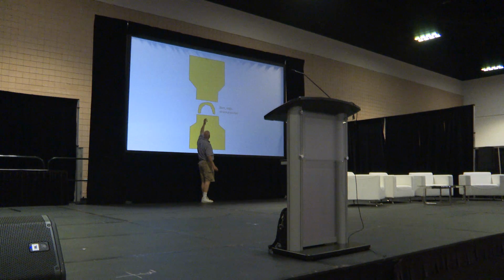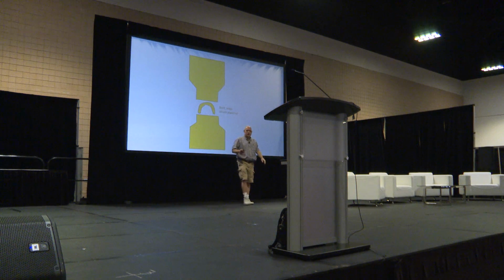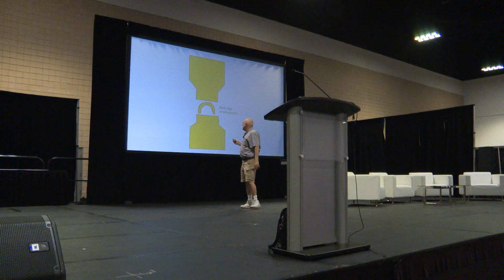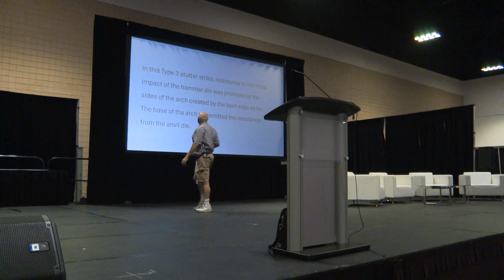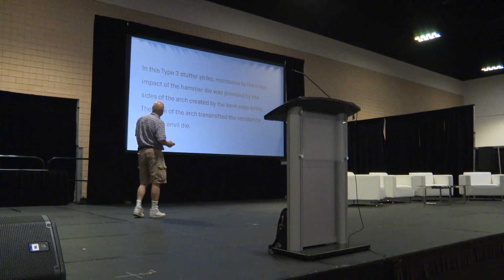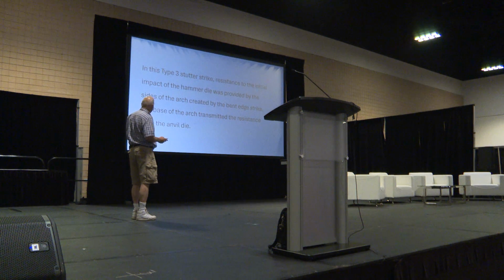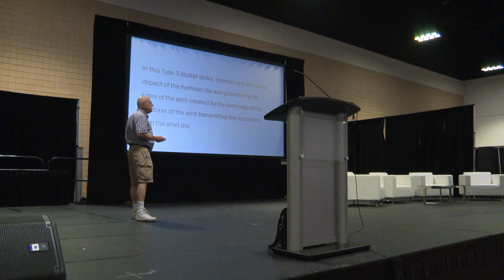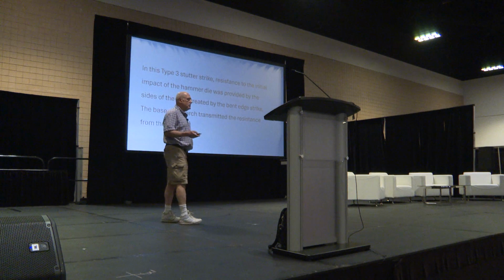The hammer die continued pushing down, flattening it out, and the area that was first contacted by the hammer die was pushed out of the striking chamber, leaving that little bit of strike. In this Type 3 stutter strike, resistance to the initial impact of the hammer die was provided by the sides of the arch created by the bent edge strike. The base of the arch transmitted the resistance from the anvil die, which in this case was the reverse die.